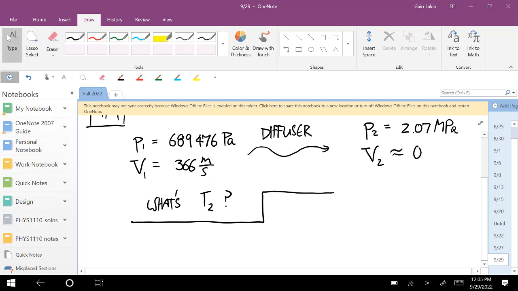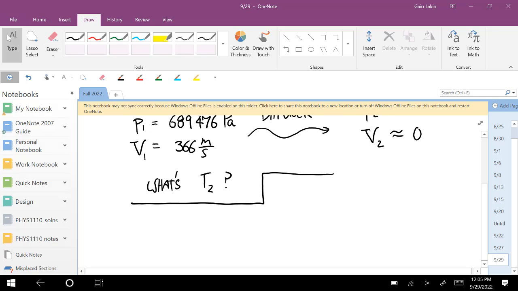Okay, well, it's a diffuser. We know we're going to use the control volume first law.